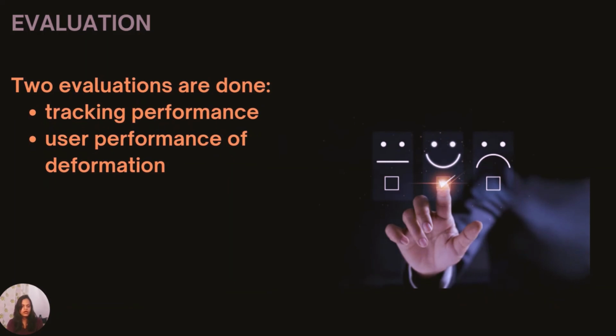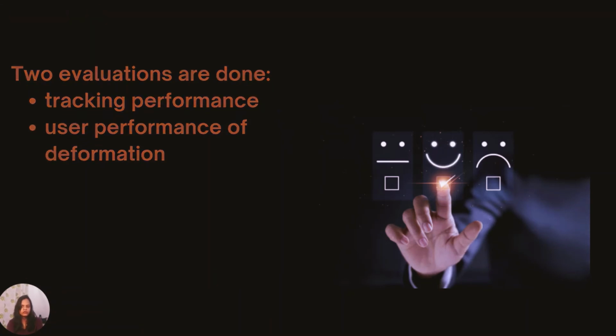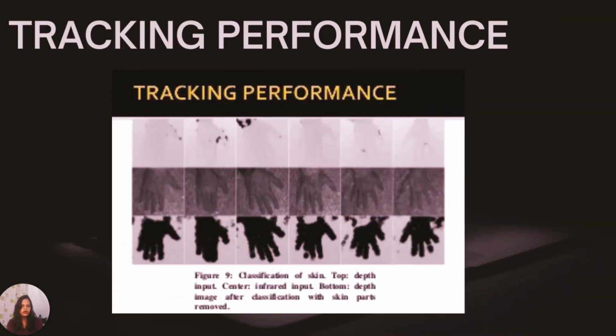Now, the evaluation. There are two types of evaluations done. First is on the basis of tracking performance, and second is on the basis of user performance of deformation. First, tracking performance. Classification of skin. On top, depth input; center, infrared input; bottom, depth image after classification with skin parts removed.